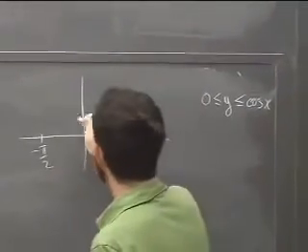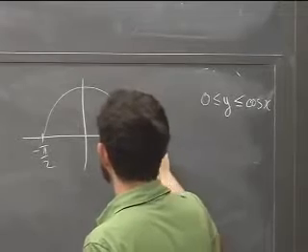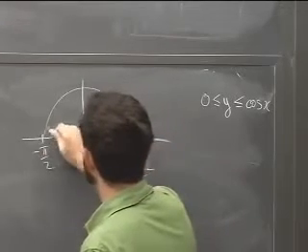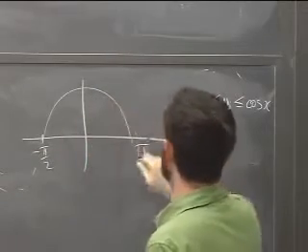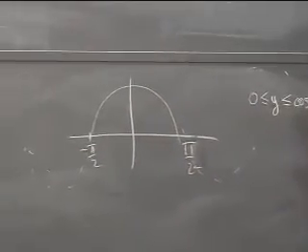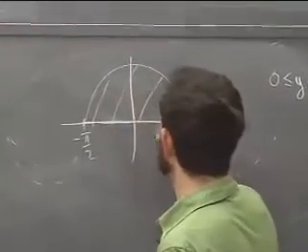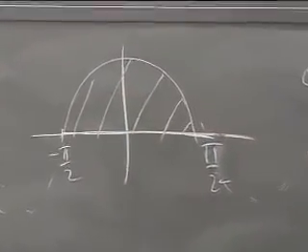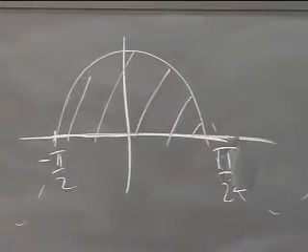So I'm just going to sketch y equals cosine x. I don't need all of it. I only need from minus pi over 2 to pi over 2. And I need y equals 0, which is this. So there's the region of integration. Okay, do you see how I read that off?